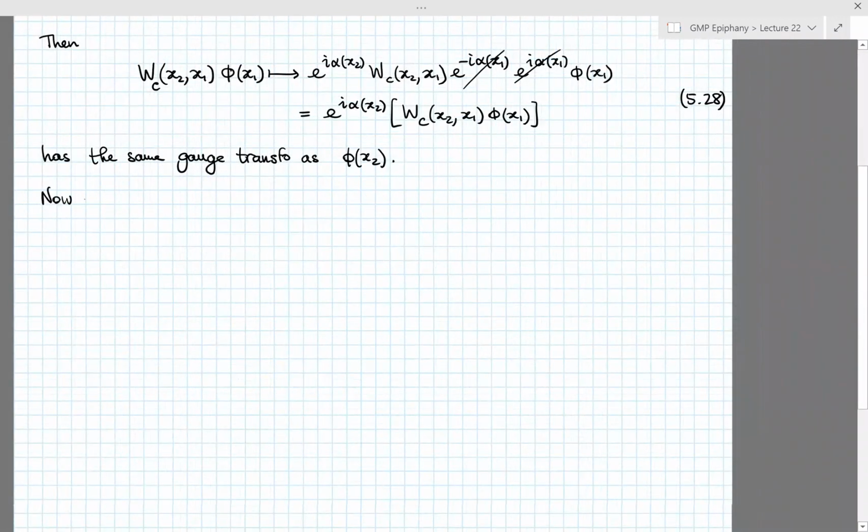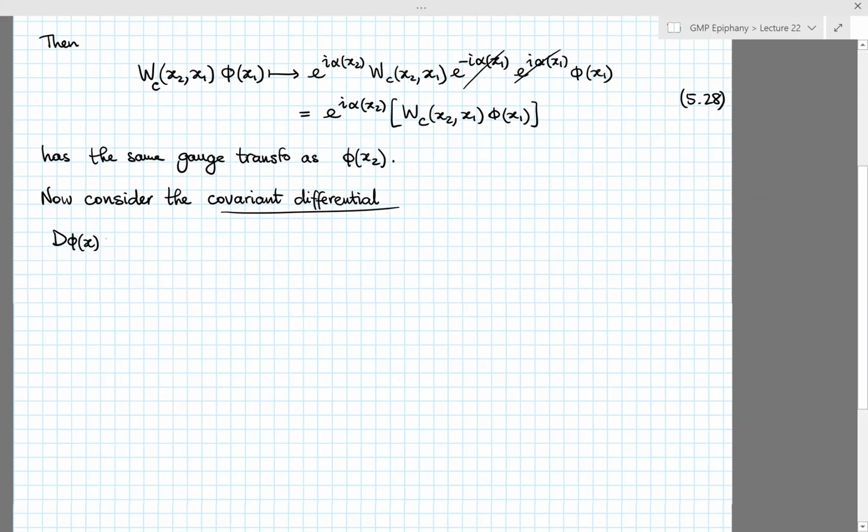Now consider the covariant differential, or total, I should say, covariant differential, capital D phi of x, which is D mu phi of x dx mu.